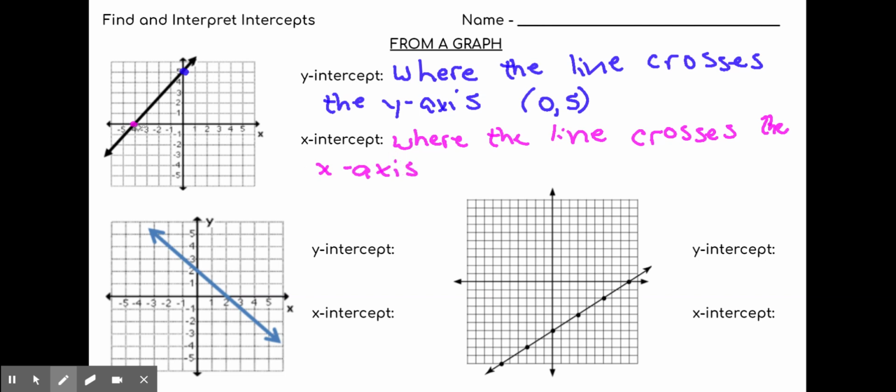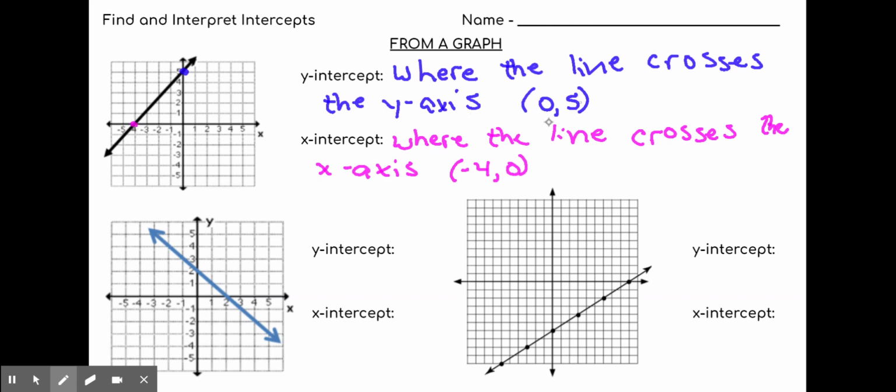So we look at this line, and this line crosses the x-axis at -4. So we can say the x-intercept is -4, but I want you to write it as an ordered pair, and the coordinates of that point are (-4, 0), right? So the x-coordinate is -4 and you don't go anywhere up or down. So the y-coordinate is 0.